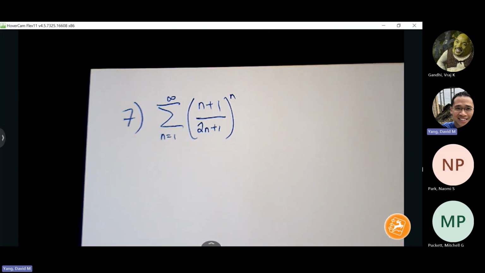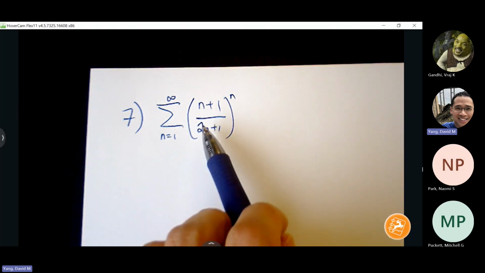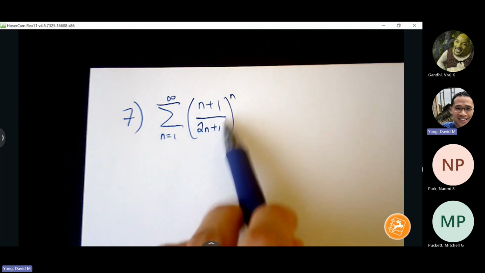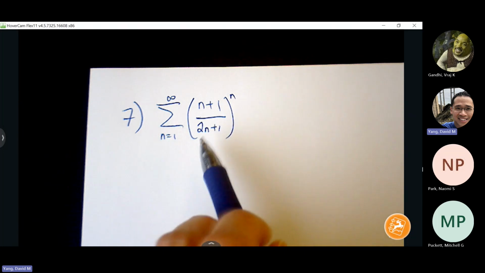If I can take the nth root of this expression, then I just think about the limit as n approaches infinity of what's inside here.